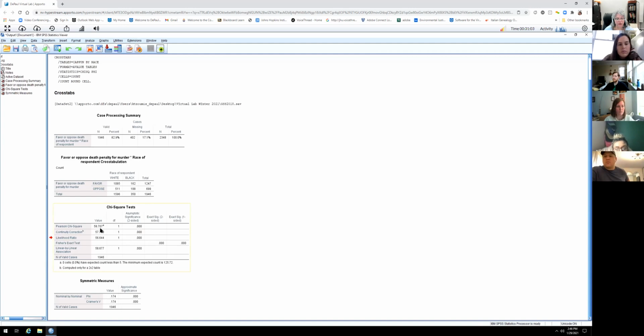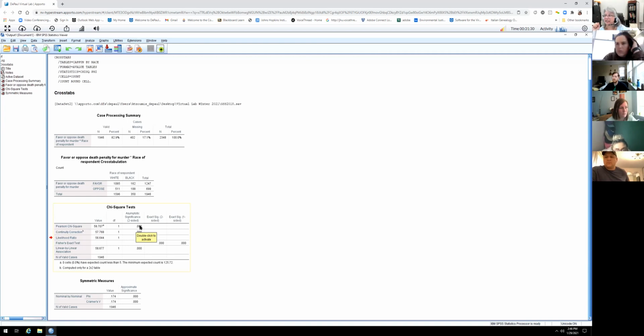All right, so we're going to record chi-square equals 58.7, and we're going to record the significance, the asymptotic significance. Who remembers how do I interpret significance? This is right out of the lecture. It's 0.05 or less. Right.